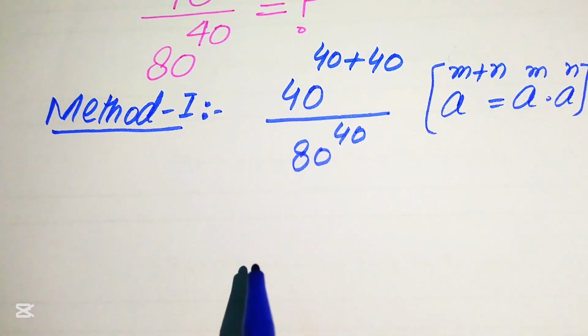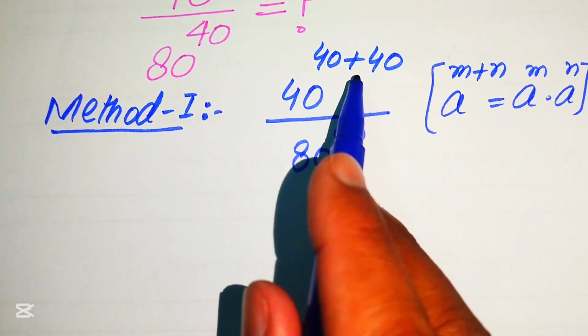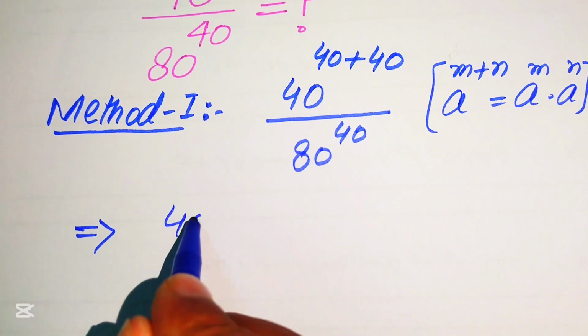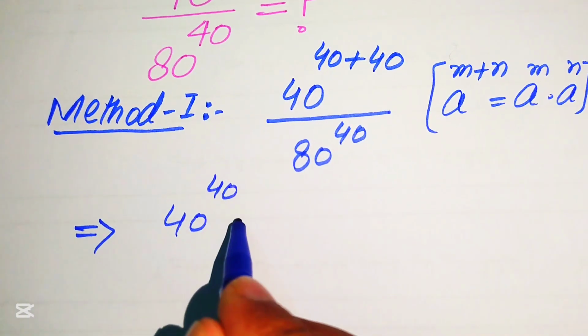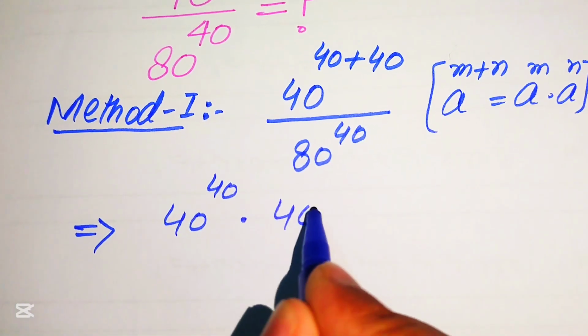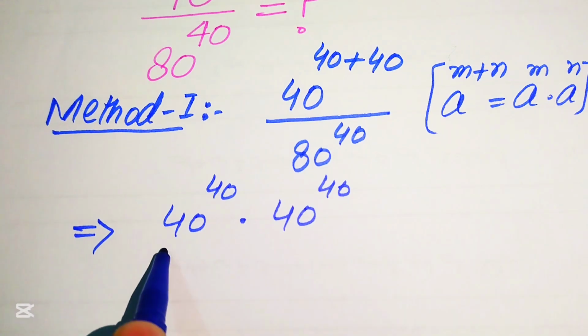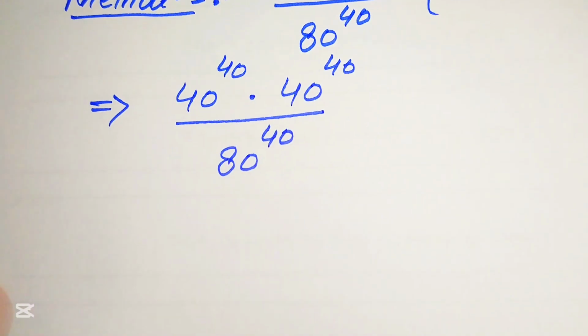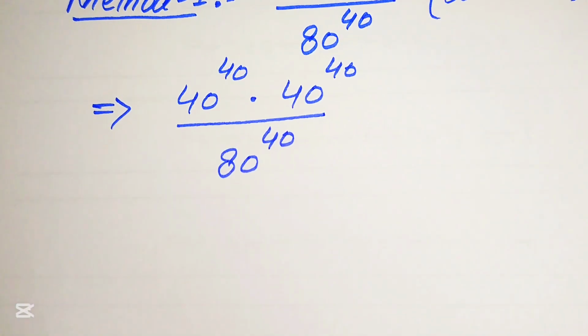According to this exponent law, we break these exponents, and it is written as 40 to the power of 40 multiplied by 40 to the power of 40, divided by 80 to the power of 40.